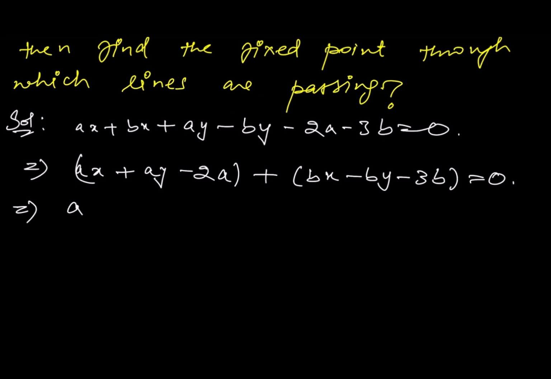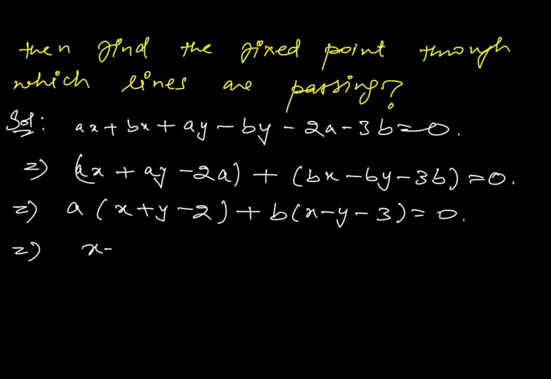After that, a times (x plus y minus 2) plus b times (x minus y minus 3) is equal to 0. So this will become x plus y minus 2 plus b by a times (x minus y minus 3) is equal to 0.